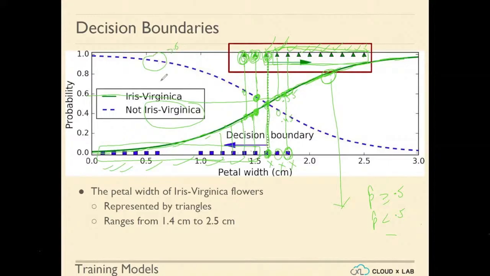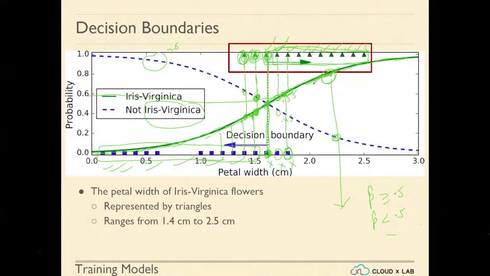Or you can use both lines, the solid green line and the dotted blue line, and here you will compare the probabilities. If the probability is higher for the solid line, it means virgin ka class; if it is higher for the dotted line, it means not virgin ka class, right? Because here you are getting two probabilities, one for the virgin ka class and the other for the not virgin ka class.